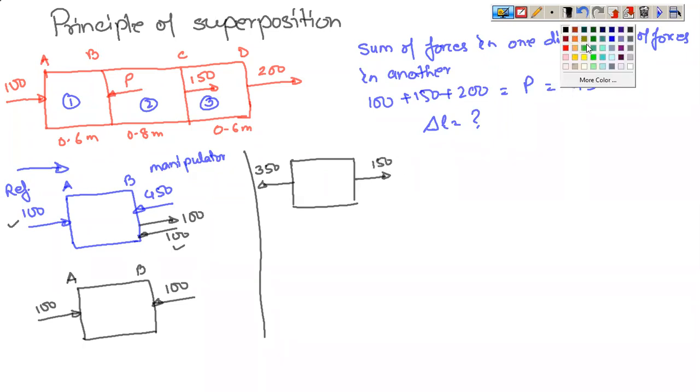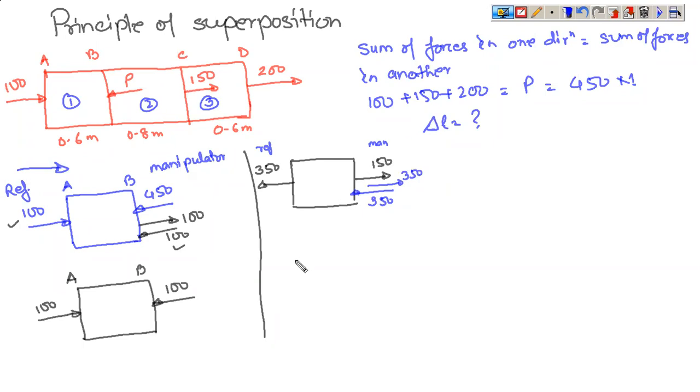Okay, so again this is your reference and this is your manipulator. So if this is your reference, what you do, you add 350 and you subtract 350.